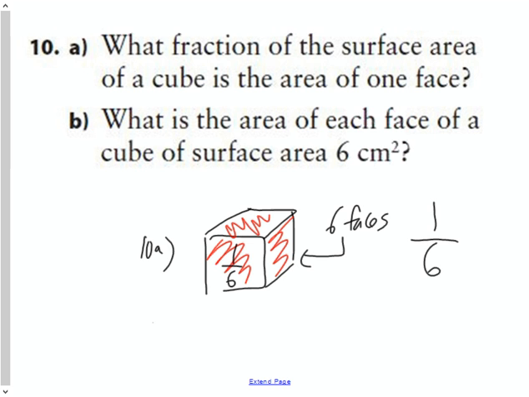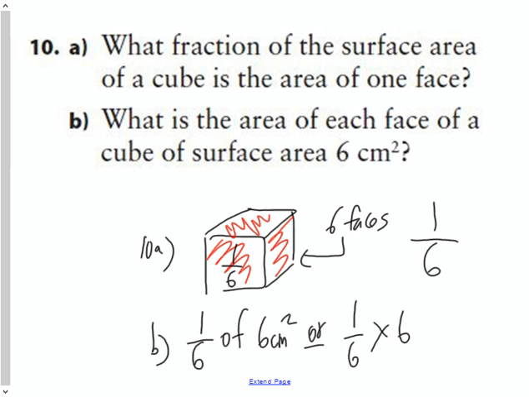And B, if the entire surface area, or what I have shaded in red on all sides, equals 6 centimeters squared, then one face would represent 1/6 of 6 square centimeters, or 1/6 times 6.